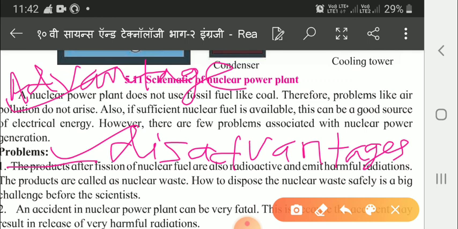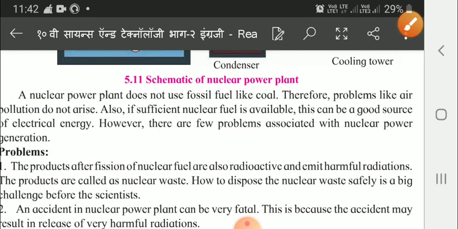So it is a big problem to dispose of this nuclear waste. Second, an accident may also occur in the nuclear power plant, and that may prove fatal. So these are two disadvantages.